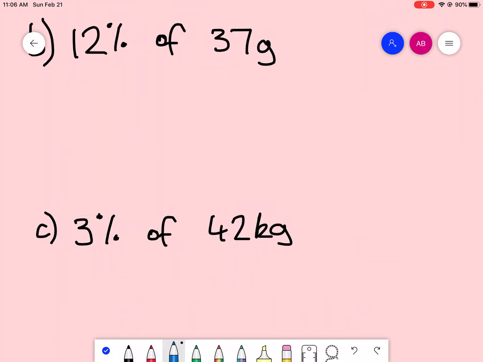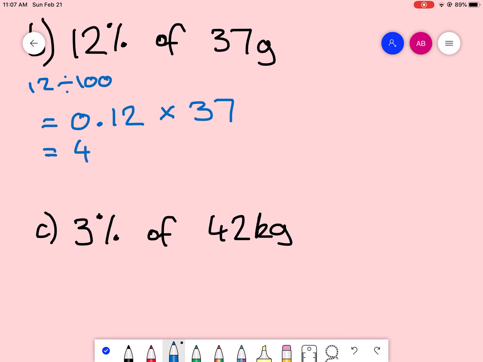Now the same applies with the next few questions, so 12 divided by 100 gives me 0.12. So it's 0.12, which is the percentage, times by the whole number. And pop that into the calculator. And we get 4.44 grams.